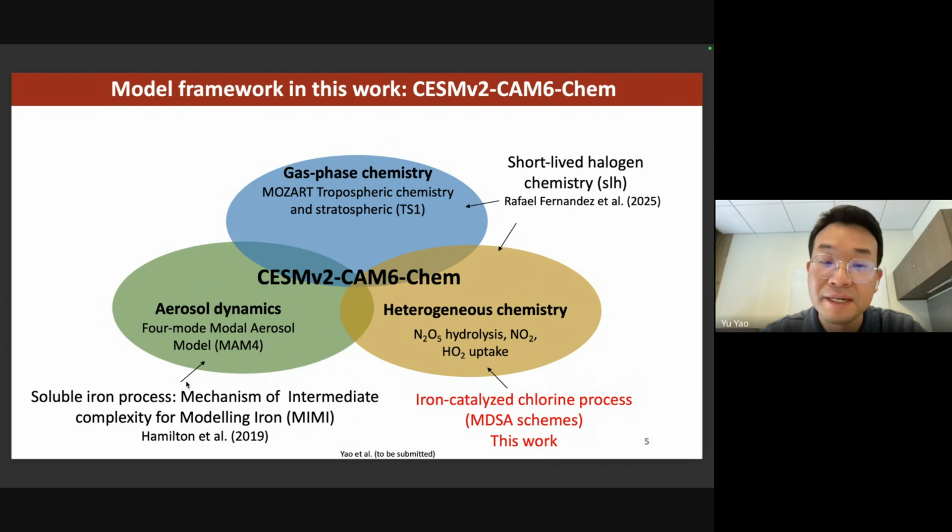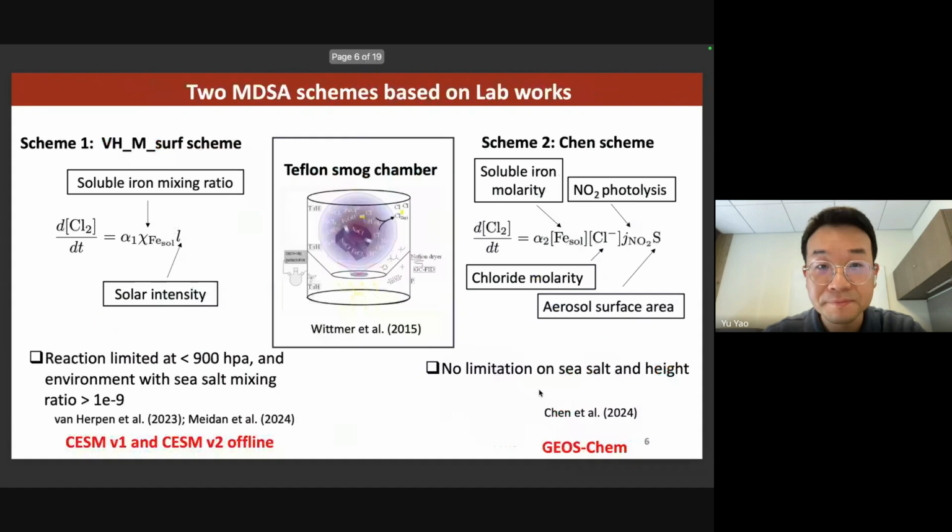It can track iron from different sources, such as dust and anthropogenic combustion, and biomass burning. It can also simulate the aging process of iron and check the solubility of iron. In this work, we further couple two iron-catalyzed chlorine processes to understand chlorine production.